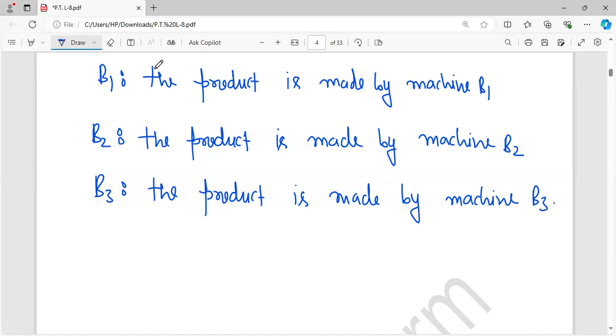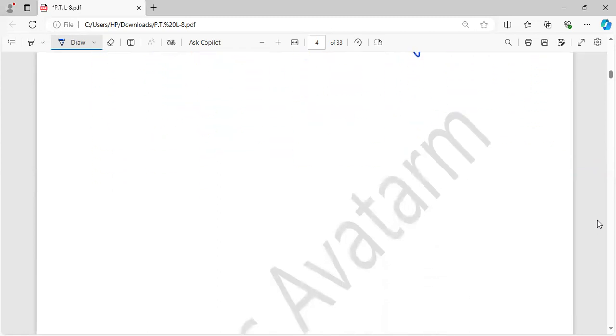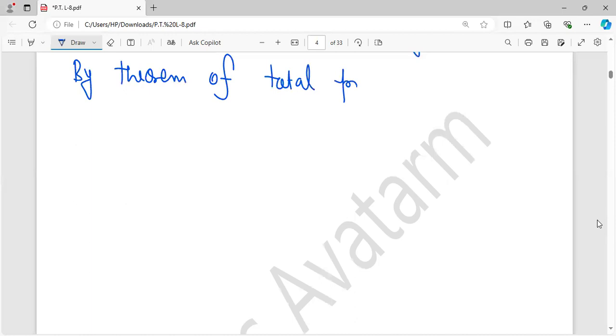What is the probability of A? By theorem of total probability, we have already calculated P of A in the previous lecture, lecture 7.